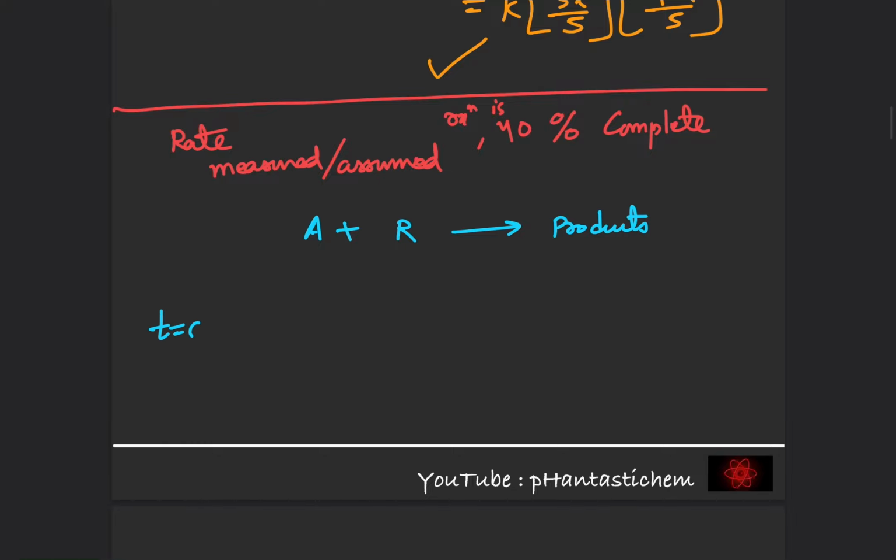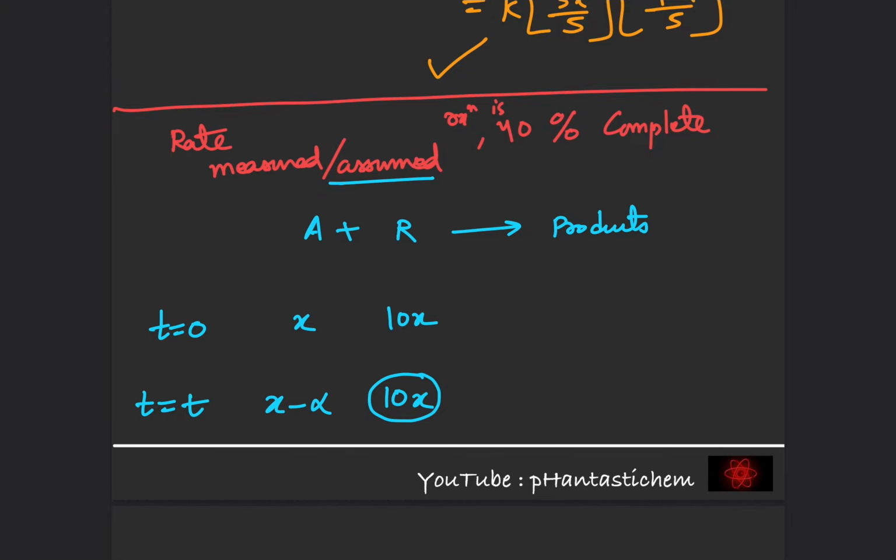So at time t equal to 0, the concentration of A is x and R is 10 times, 10x. And at time t, the concentration of A will be obviously x minus alpha, but the concentration of R we are assuming, since R is present in large excess, its concentration being 10 times that of A, its concentration almost remains constant. So therefore we are saying that it remains as 10x. That's the assumption that we have made.